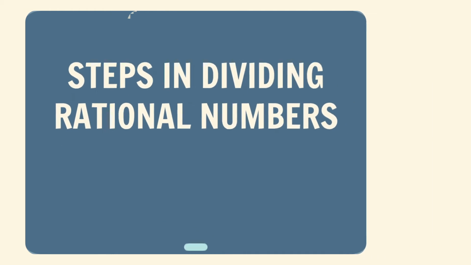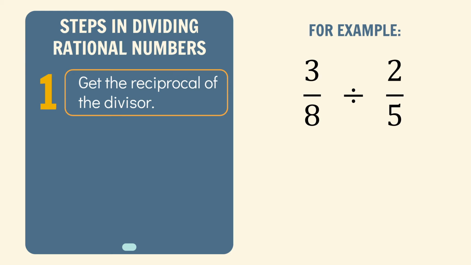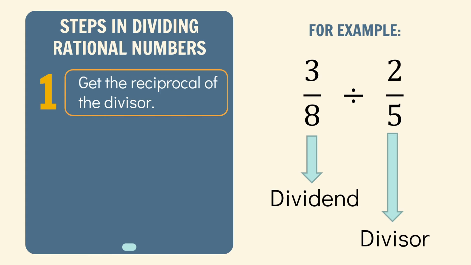So first, get the reciprocal of the divisor. For example, we have 3 over 8 divided by 2 over 5. In this case, may I ask what is the divisor? That's right. 2 over 5 is the divisor because 3 over 8 is the dividend among the two.